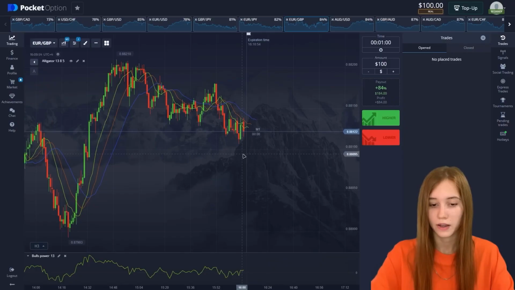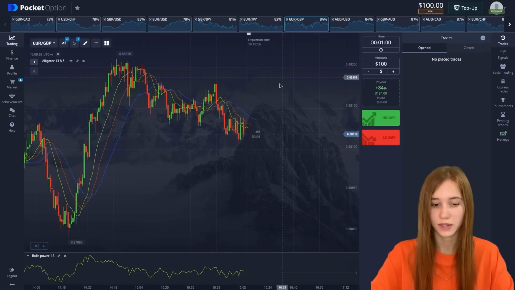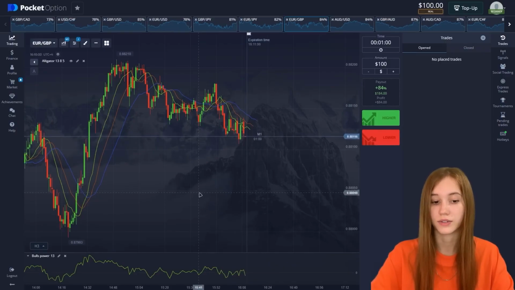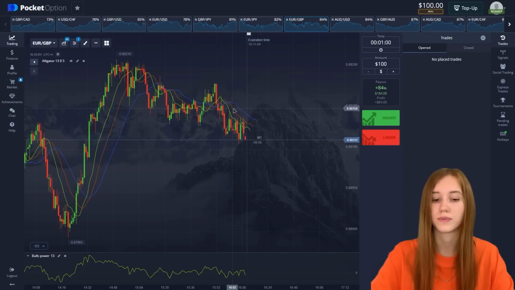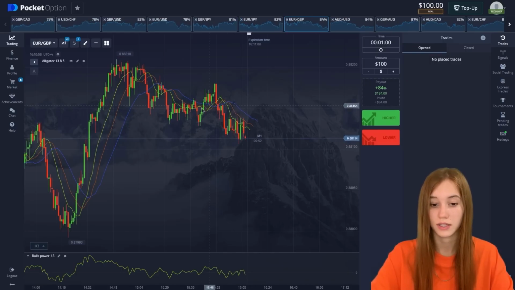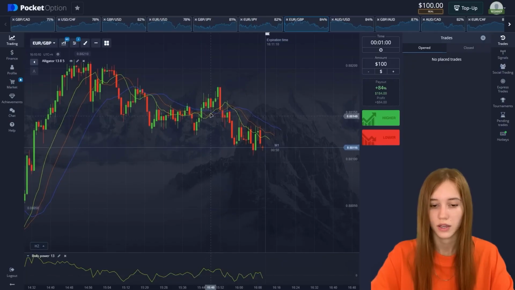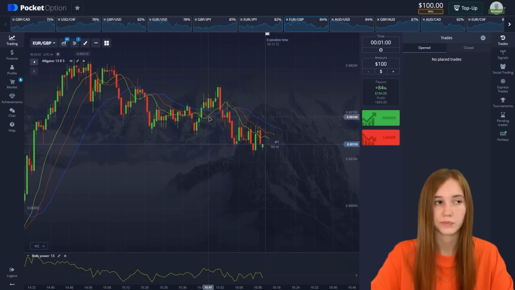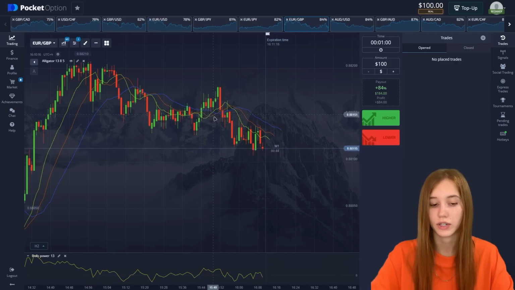So you can see it. And some people also ask why there's a red line. This is an average line. It shows the first signals that there may be a trend change.